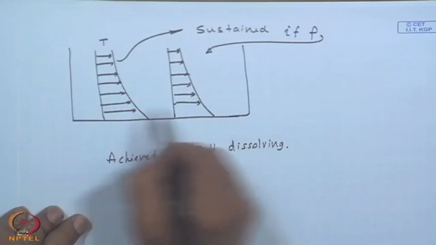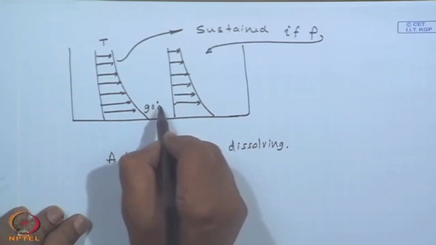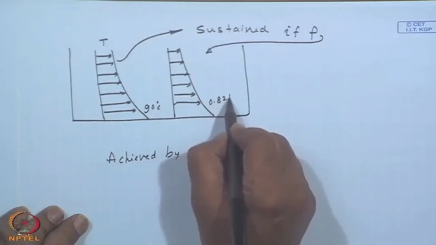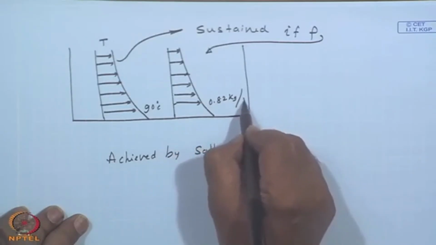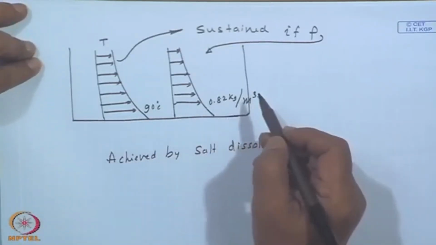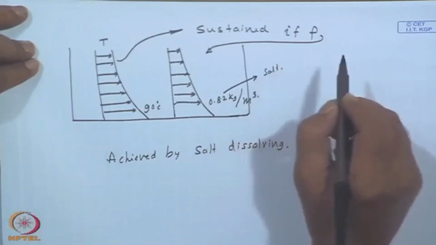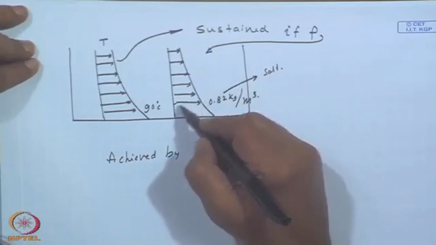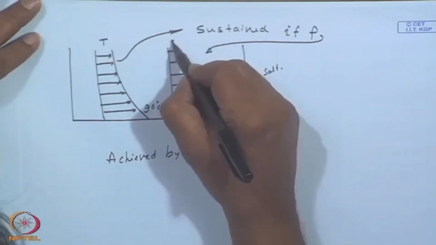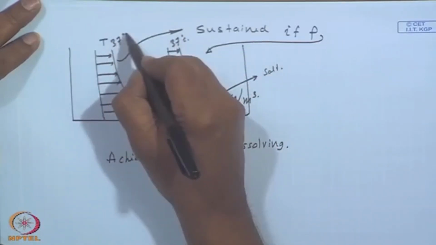So, this will be at let us say 90 degrees C, and I add 0.82 kg per meter cube. So, this layer will have 0.82 kg of salt per meter cube at 90 degrees, which makes the density higher than what it is at, let us say, 37 degrees C. Sorry, this is 37 degrees C. Okay.